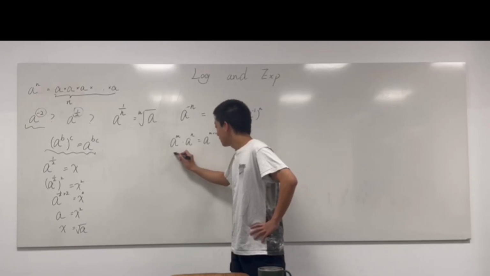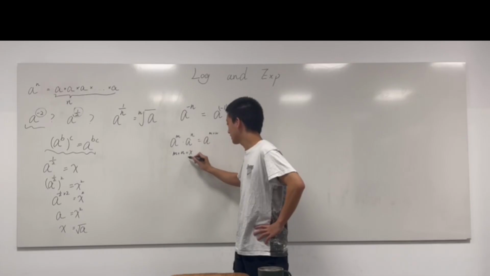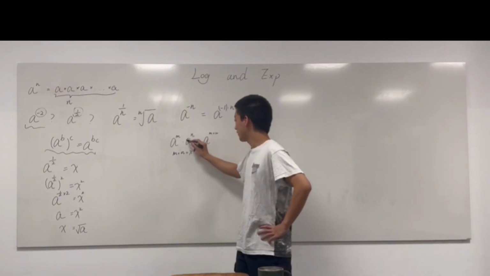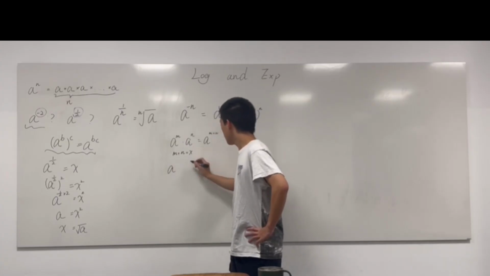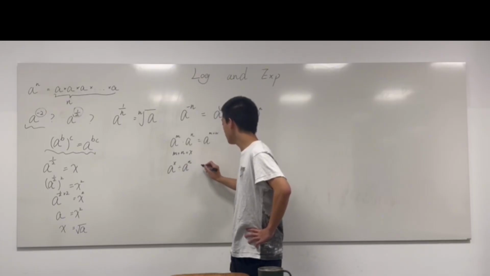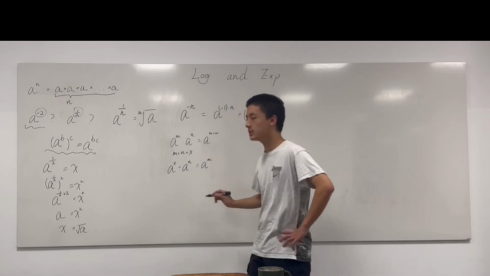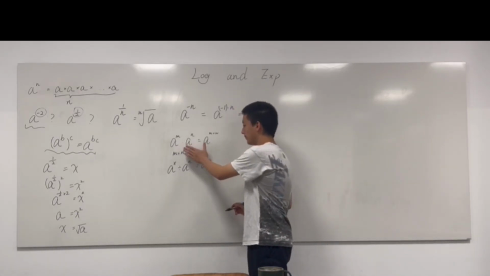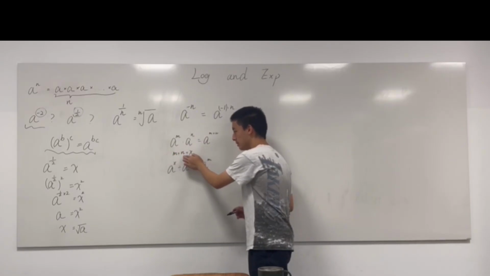If we let m plus n equal x, and then we move a to the power of n to this side, it's like a to the power of x divided by a to the power of n is equal to a to the power of m. Does that make sense? I divided a to the power of n on both sides, then we get this because I let x equal m plus n.